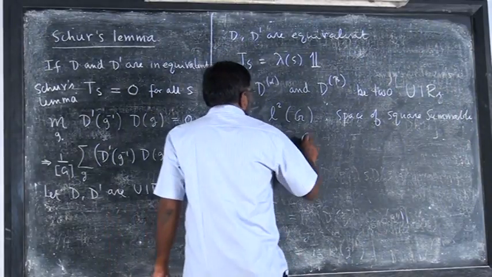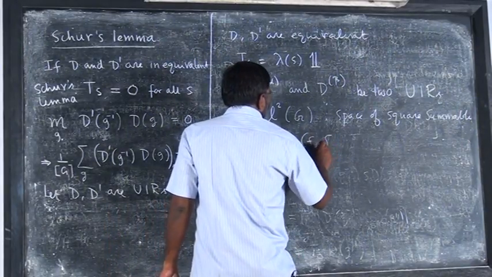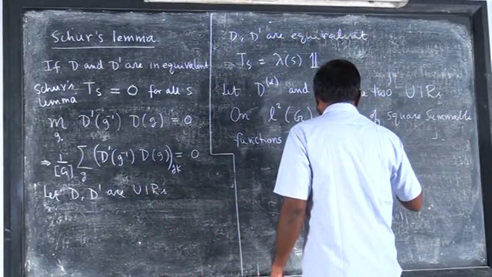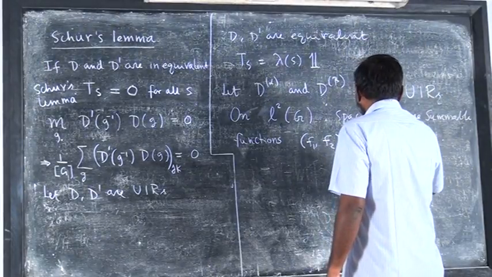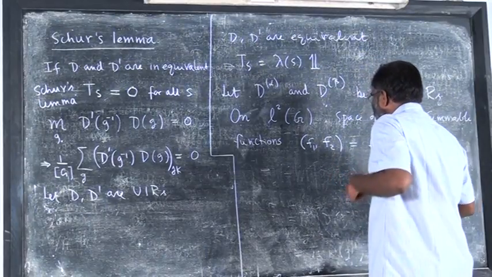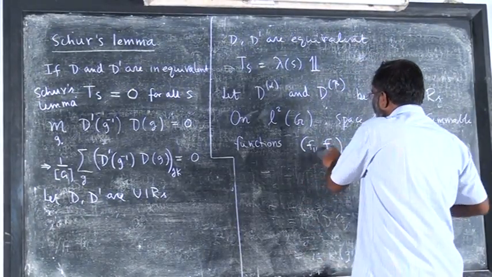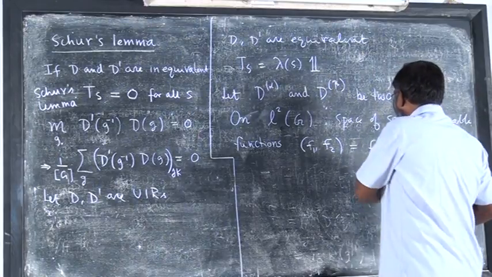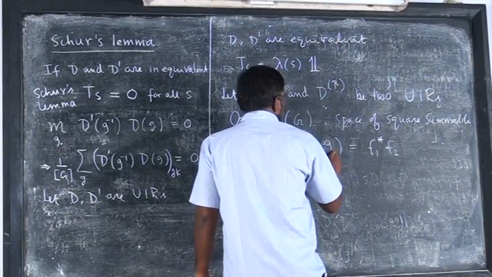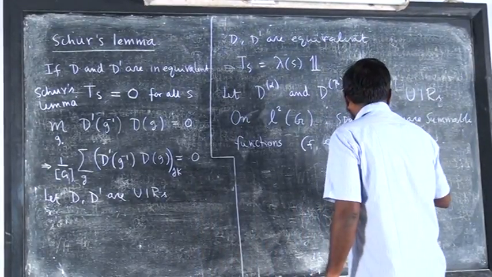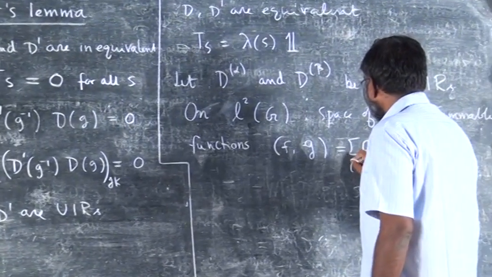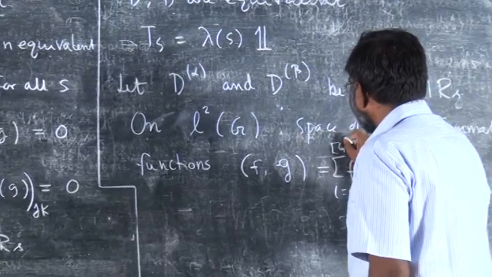You can define an inner product on this vector space, f and g, as the sum over i equal to 1 to the order of the group of fi star gi.